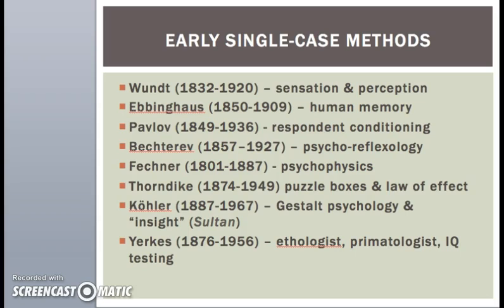And Robert Yerkes, the famous ethologist and primatologist who did IQ testing. Many of these individuals and many more used single subject designs to do their research. So this is a very well-established methodology, and just because it's old and not based on probability theory does not mean that it's not relevant or not valid.